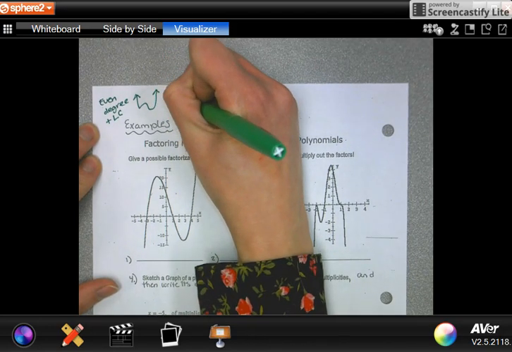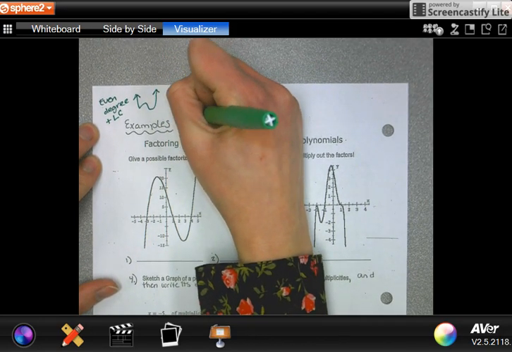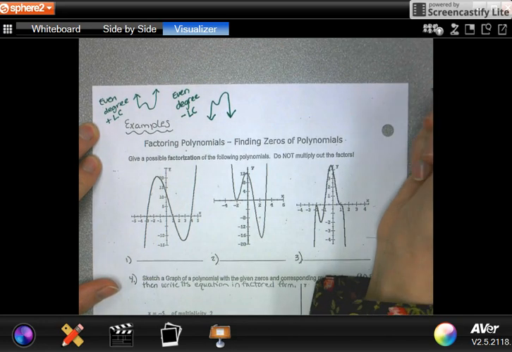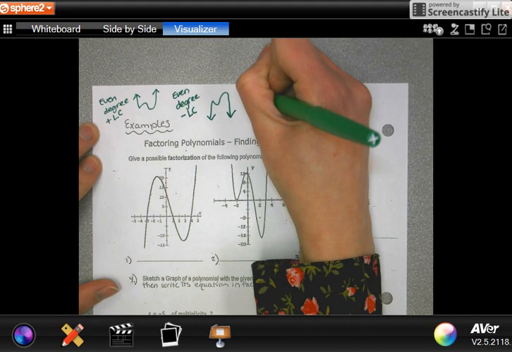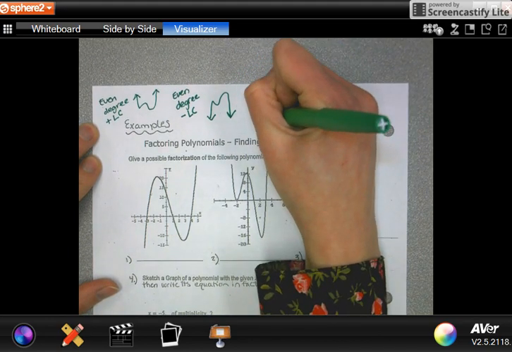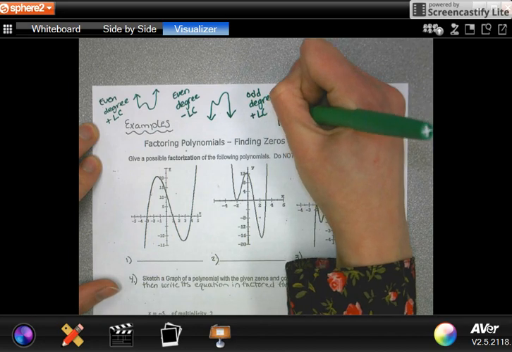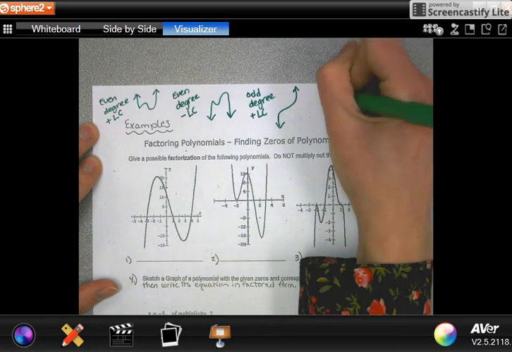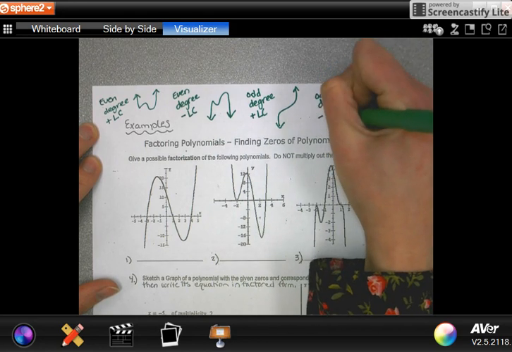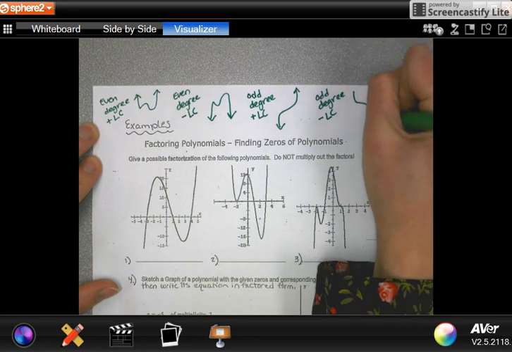Even degree negative leading coefficients will always open down, okay? And an odd degree, but a positive leading coefficient rises from left to right, and an odd degree negative leading coefficient will fall from left to right.